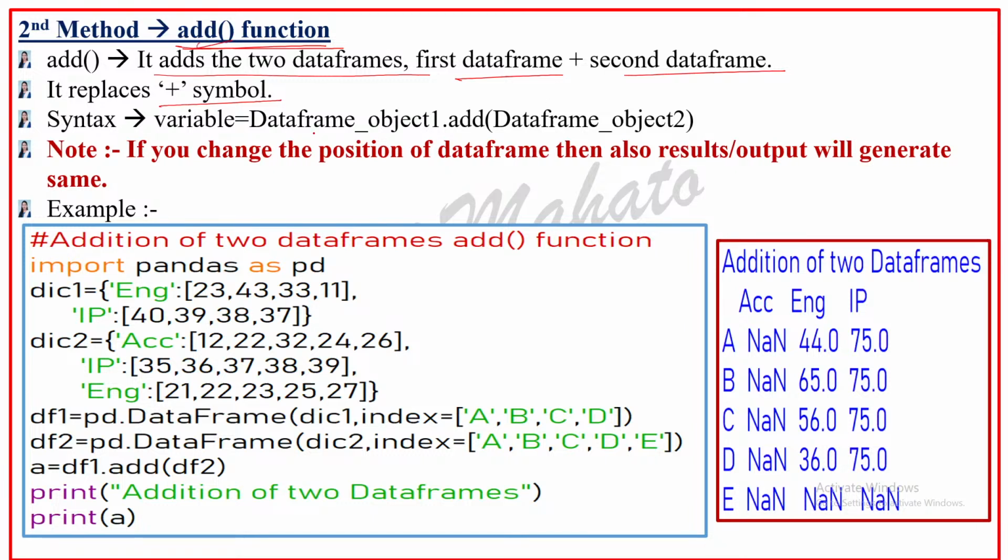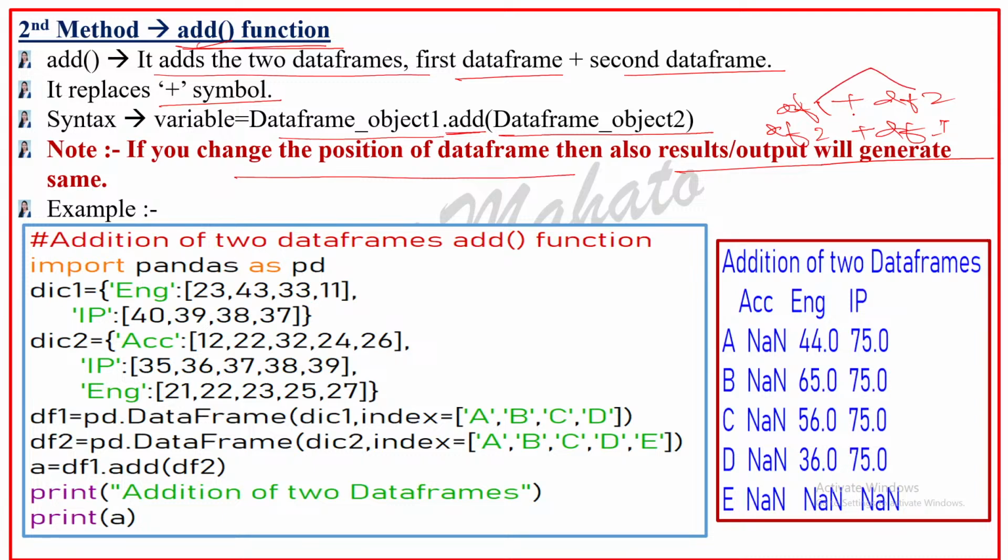Variable equal to data frame dot add data frame, and the result or output will be the same, because the plus symbol works anywhere. If you write df1 plus df2 or df2 plus df1, your output is not affected. The output will be the same.